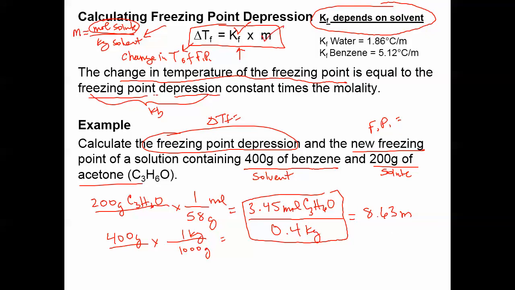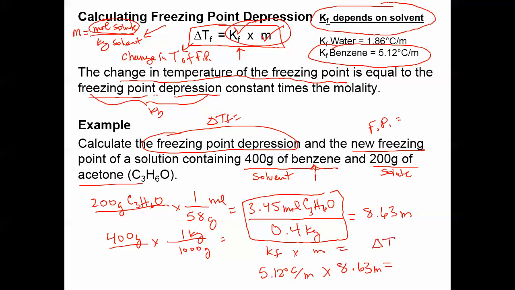I can now plug this in. I've got 2 of my 3 variables to figure out the change in the temperature of the freezing point. In this case, notice we're working with benzene. I threw in a different solvent there, so we want to use this Kf because we're dealing with benzene. So the delta Tf is equal to Kf times molality. Kf in this case is 5.12 degrees Celsius per molal times, again, molality, which we just figured out is 8.63, and this will equal the delta Tf, the change.